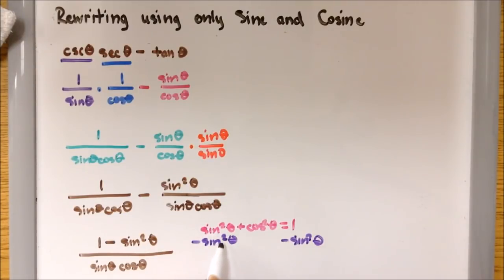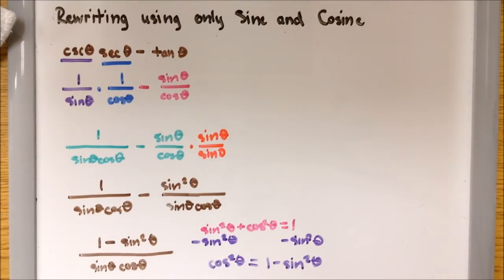the sine squared theta cancels out, and all that I have is cosine squared theta on the left side. So cosine squared theta will equal 1 minus sine squared theta.